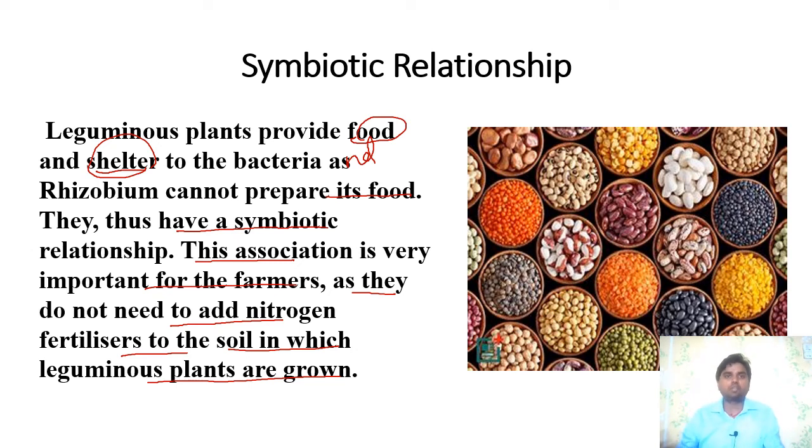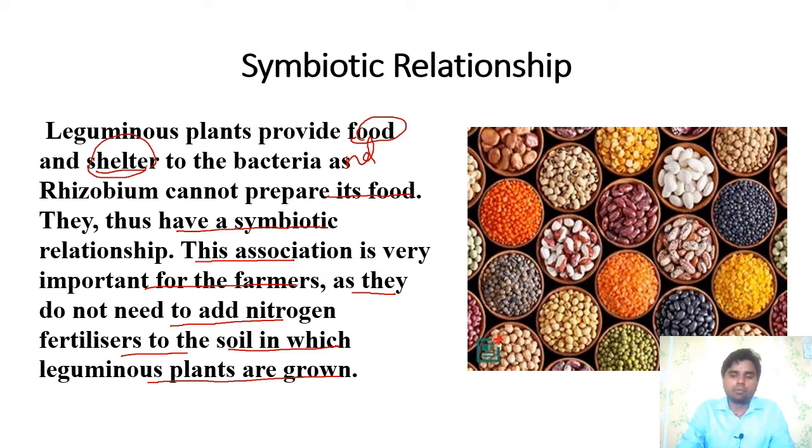As we know, leguminous plants have root nodules, and the root nodules are the house for rhizobium bacteria, and this rhizobium can fix the atmospheric nitrogen into the soil, and in this way the nutrients present in the soil will be replenished. The nitrates, the nitrites will be again back to the soil, and they can be utilized by the plants. So I think this symbiotic relationship is clear to you, student.